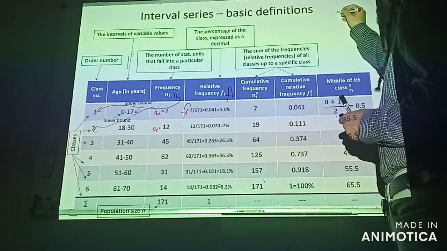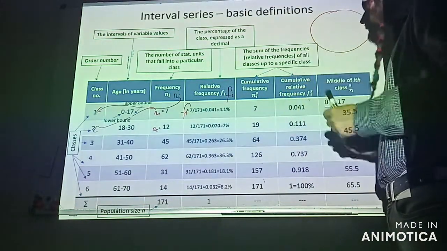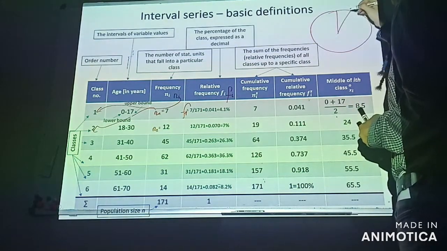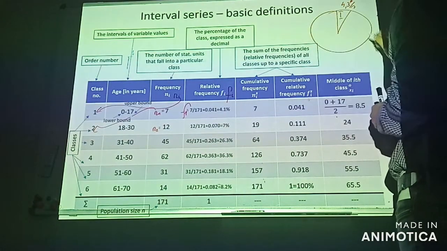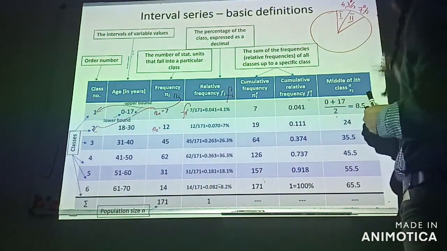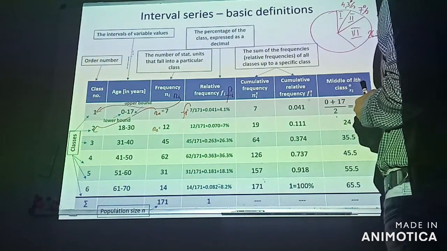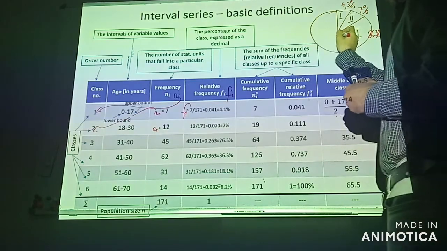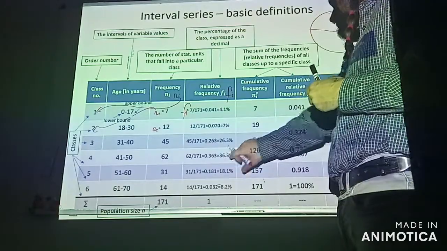So here we have a pie, and we can divide the pie into 6 classes. We know how many people belong to the first class, 4.1% of the entire pie. In the second class we have 7% of people. In the third one, 26.3% of people, so the most numerous interval, with the highest percentage.